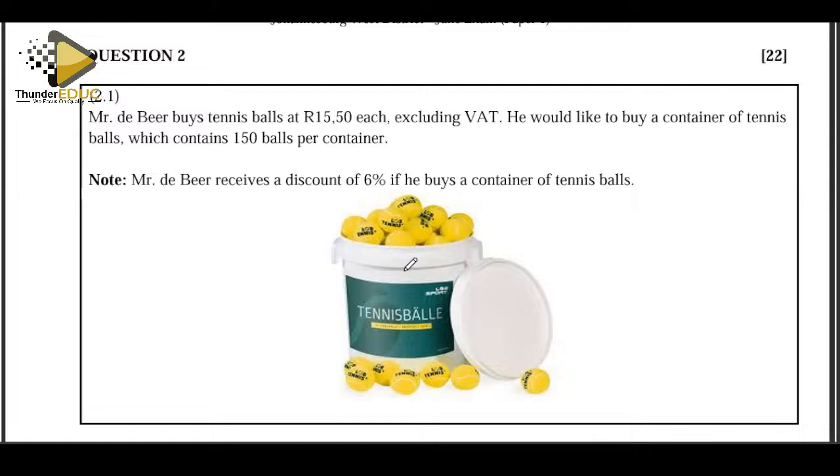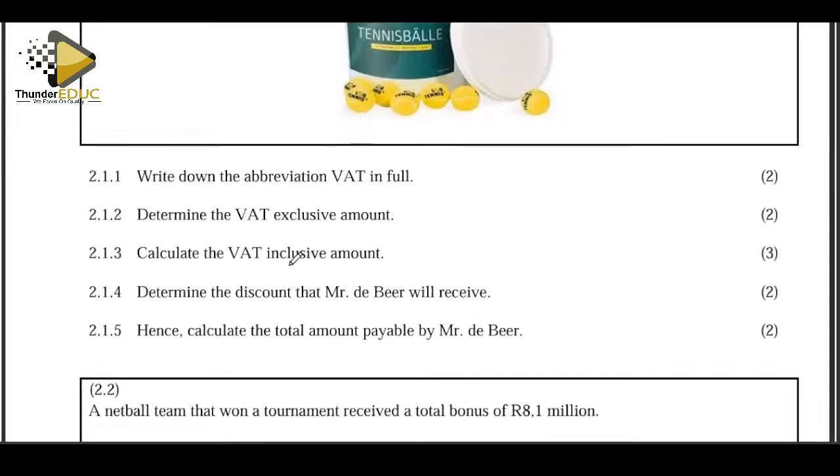Mr. DeBeg receives a discount of 6% if he buys a container of tennis balls. Let's go to the question. It says, write down the abbreviation VAT in full. VAT, the V stands for value, then the A, added, then the T, tax, which is at 15%.